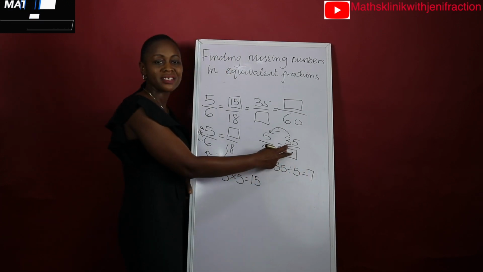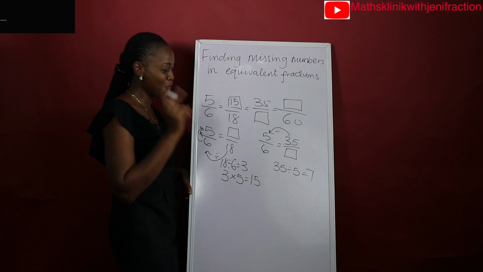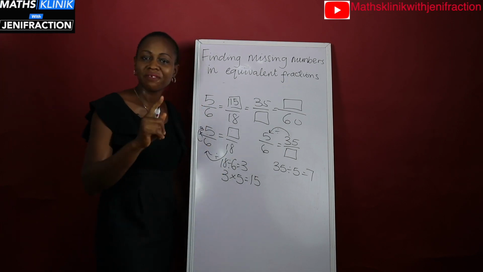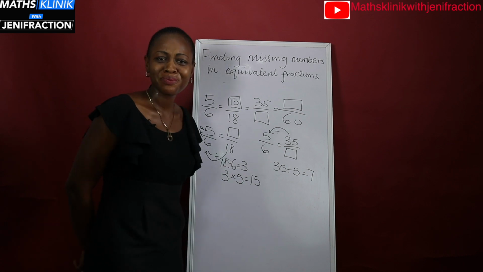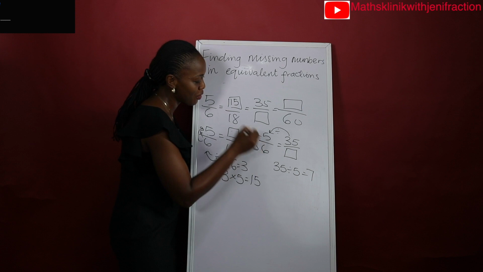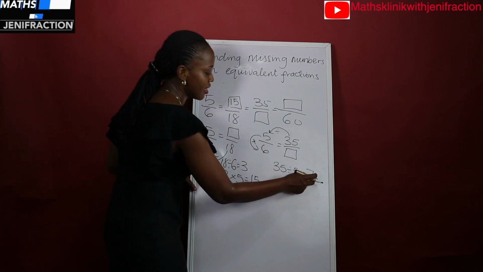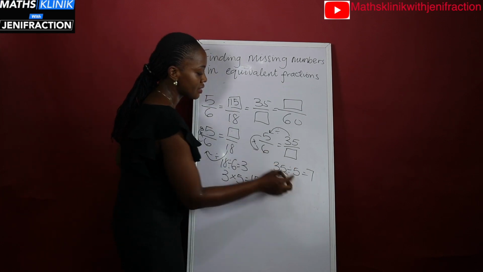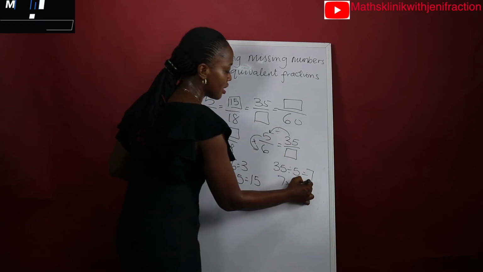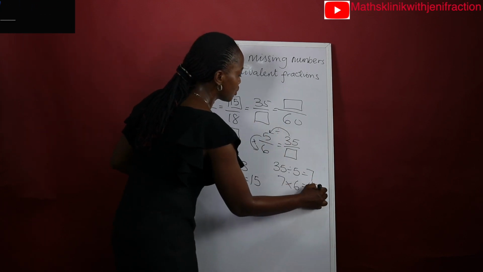Should I write down my 7? No. That's not my final answer. After dividing, what should I do? I'll multiply. So I'm going to multiply. I'll say this 7 times 6. 7 times 6 gives us 42.